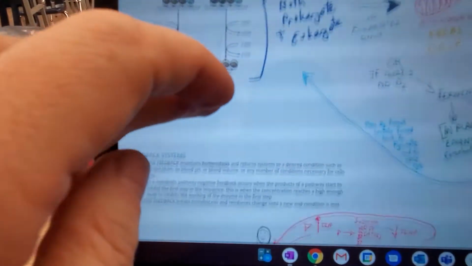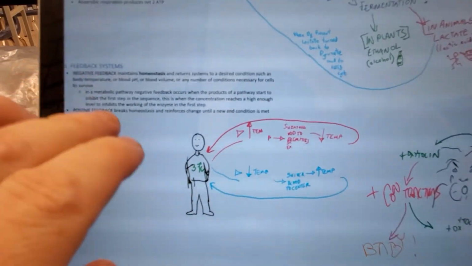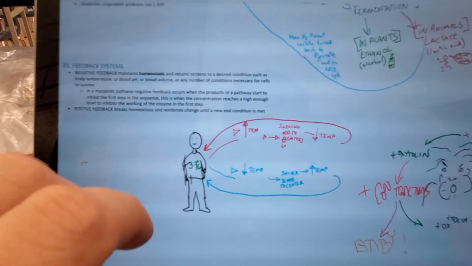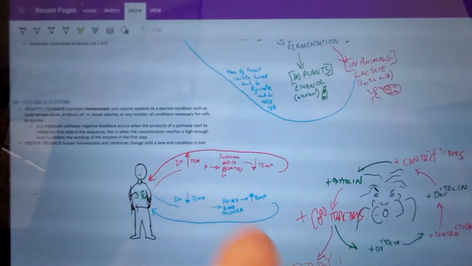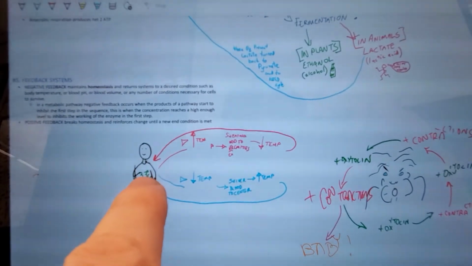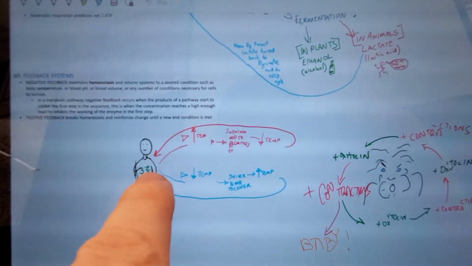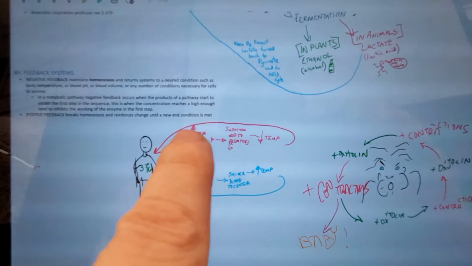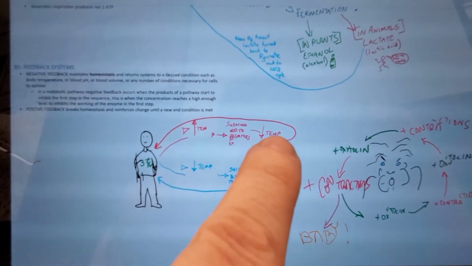Okay, last but not least are these feedback systems for maintaining homeostasis. There's two kinds. So when you have these metabolic pathways, this is just an example of one. We're trying to maintain 37 degrees centigrade so the enzymes can work. If your temperature goes up, there's a feedback system.